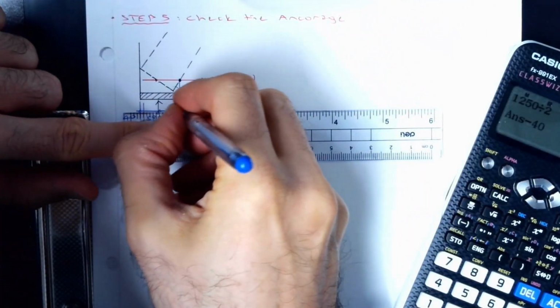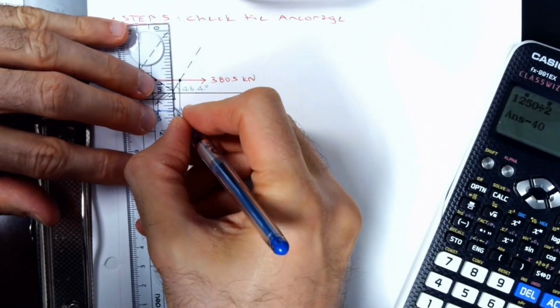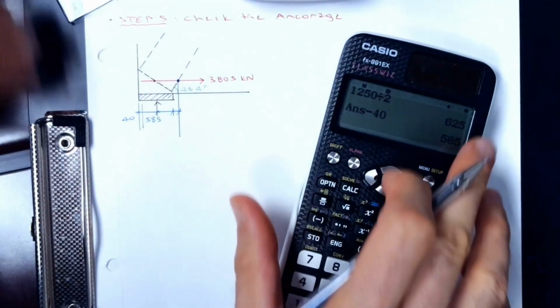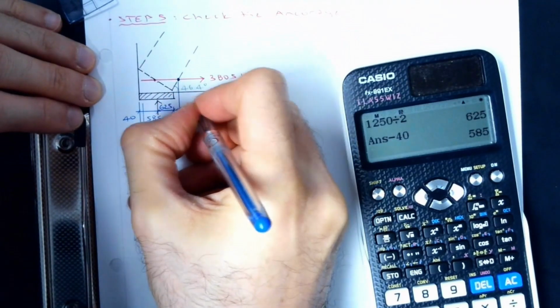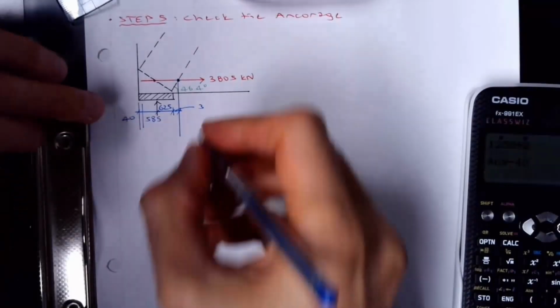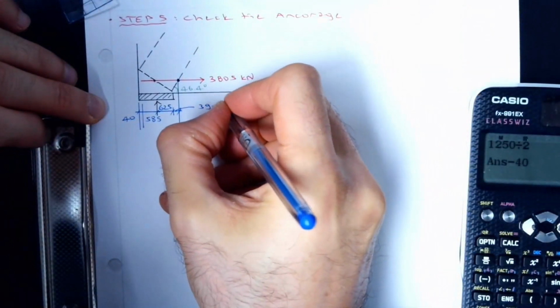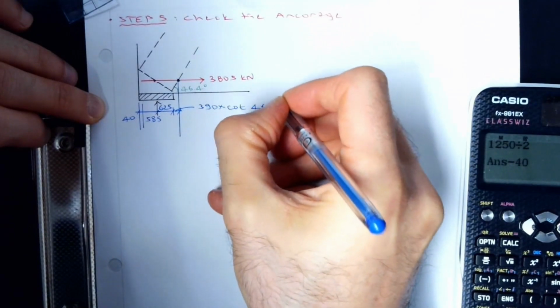And then this one is going to be 625. And this little distance would be 390 times cotangent 46.4 degree.